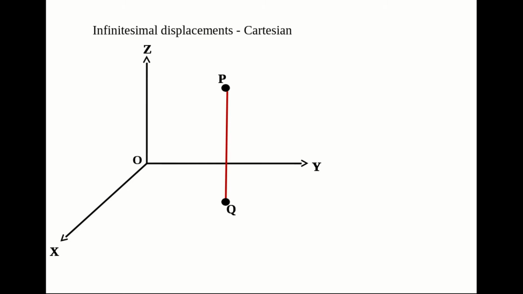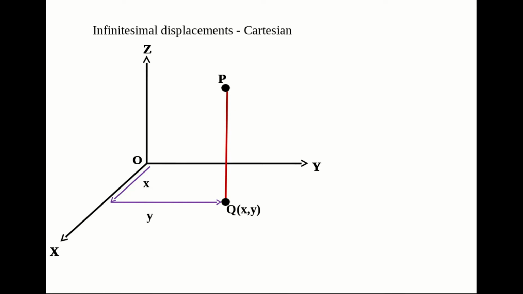Let the foot of the perpendicular be Q, and we can see that it is in the xy plane. If we move a distance x along the x-axis and y distance along the y-axis, we will reach the point Q. So, the coordinates of Q can be written as x, y.